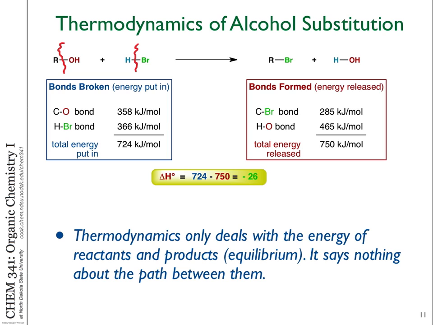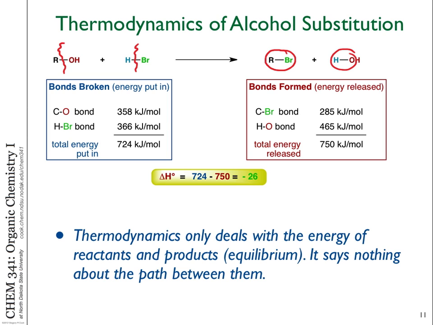In order to break bonds, you have to absorb energy. You have to put energy in to break bonds. And that energy that's required is the bond dissociation energy. Now the products on the right side of the reaction: we formed a new carbon-bromine bond, and we formed a new hydrogen-oxygen bond.